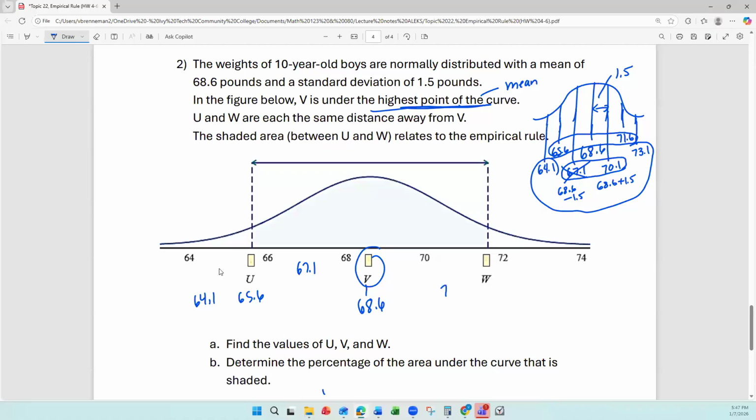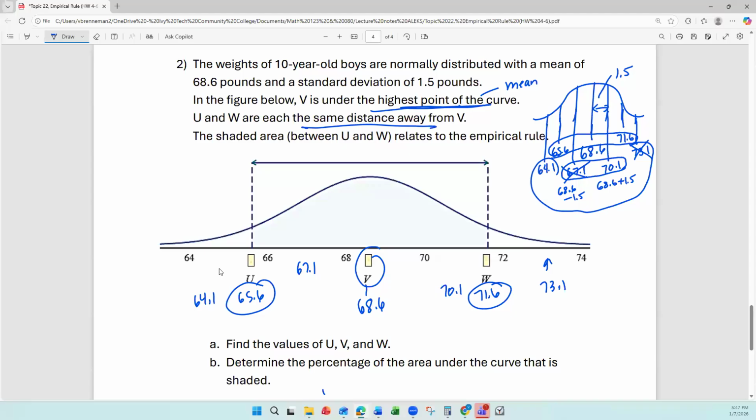So we have the 70.1 somewhere over there, the 71.6 also fitting between there, but the 73.1 would be over beyond the 72. So it can't be that. So the only pair that fits both of those is the 65.6 and the 71.6 that are the same distance each side, as specified, the same distance from V.